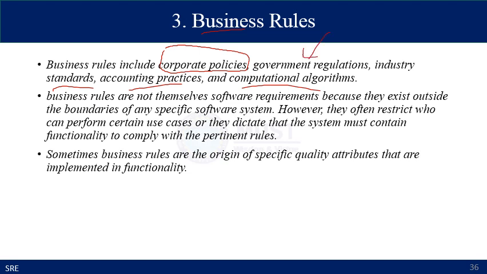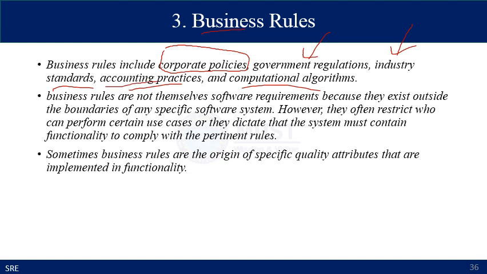Government regulations might also be applicable to some applications, such as those which interact with government industries, banking systems, or social systems. There can be some industry standards such as ISO, International Organization for Standardization, or the Capability Maturity Model (CMMI), which put certain standards on the product to have a certain level of quality.